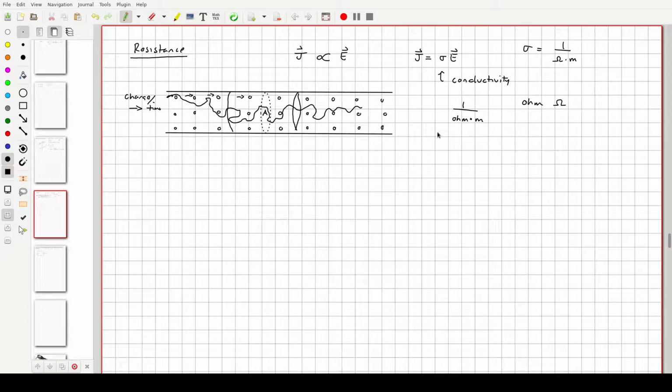There's another version of this constant, and that's called resistivity. For resistivity, we use rho. It is 1 over conductivity, and its units are ohm meters.